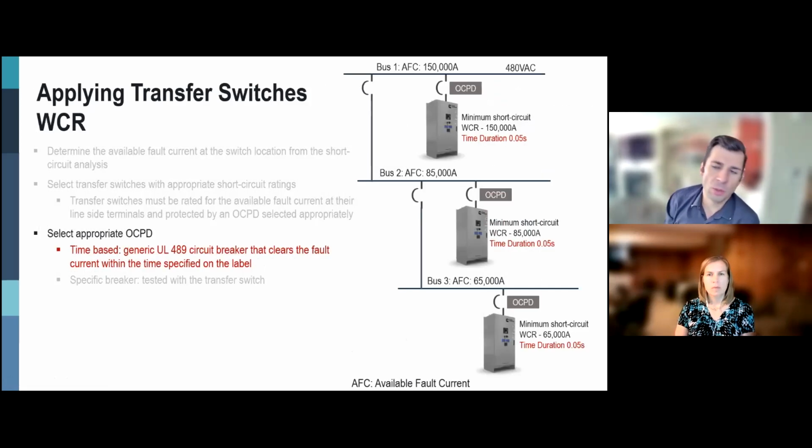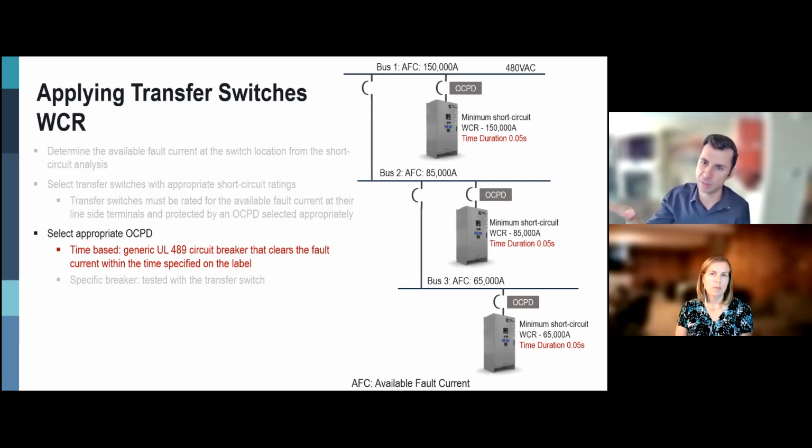So if I use the time duration rating, you can use the protected transfer switch, either the time-based or the specific breaker. Both protect the transfer switch, but it depends on your application and how you want to apply it. If we have a high WCR transfer switch that's listed for a very high time duration, this gives you the freedom to select a generic UL489 breaker, so you don't have to worry about whether this breaker coordinates with this transfer switch.